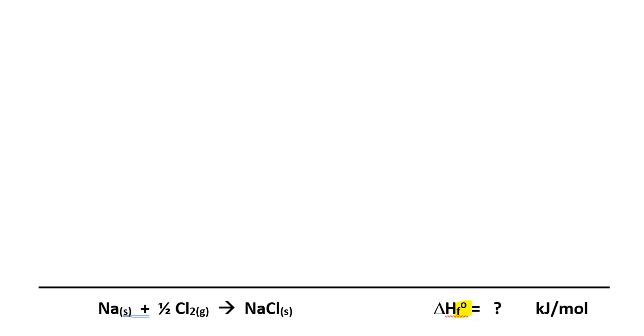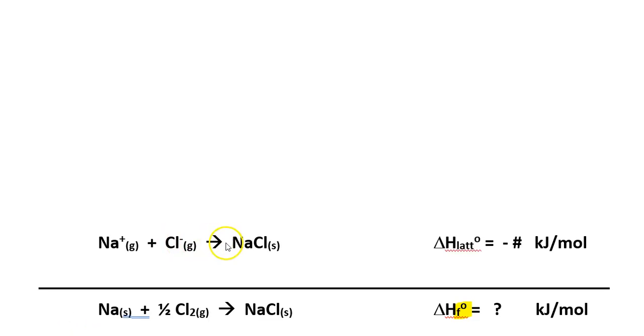So we're going to write an equation in which we have gaseous ions forming the 1 mole of sodium chloride. Okay, so we have the lattice energy equation written above. Again, I said this is like a cornerstone. This is what you put in first, and everything else we just have to match after this. So we have to know the definition.